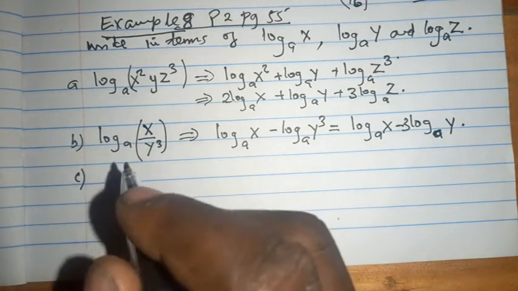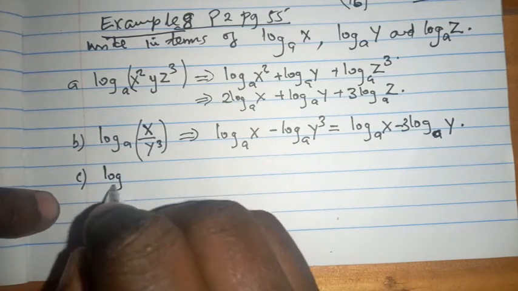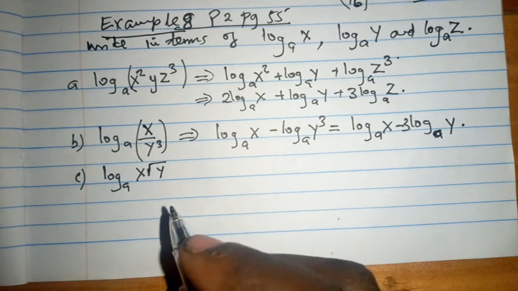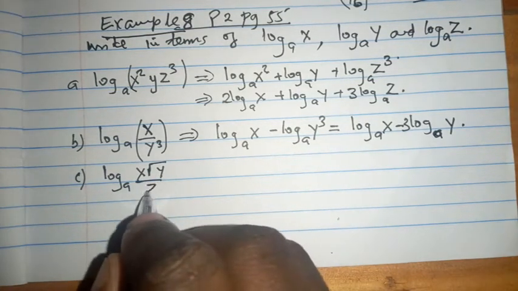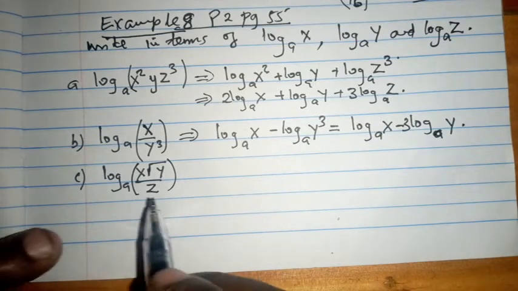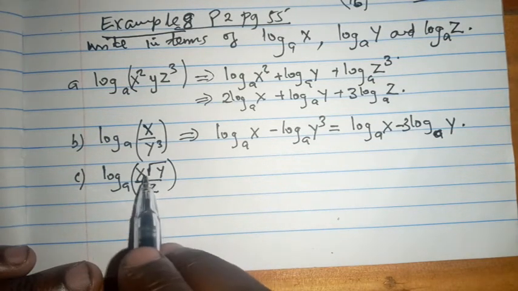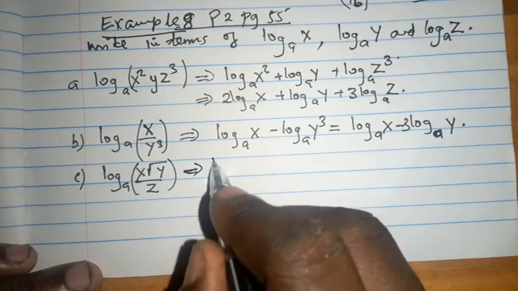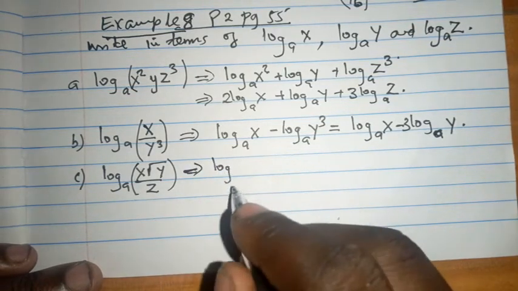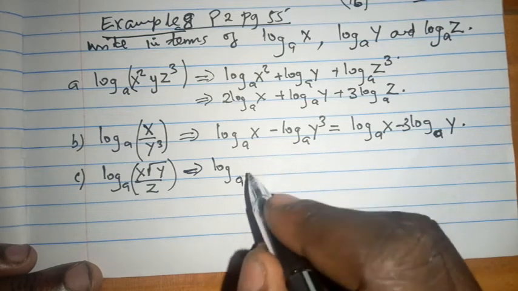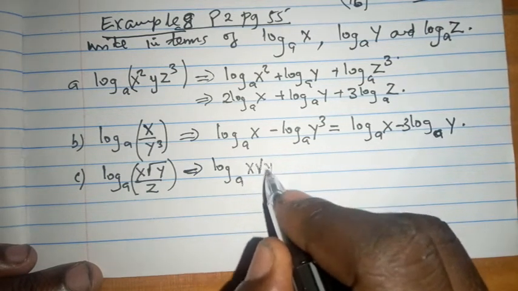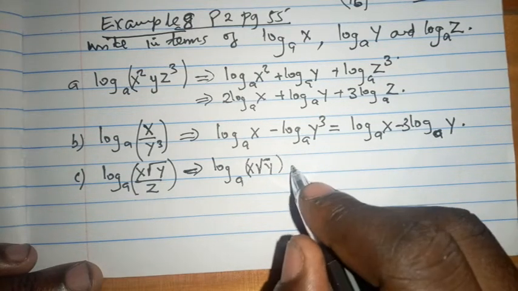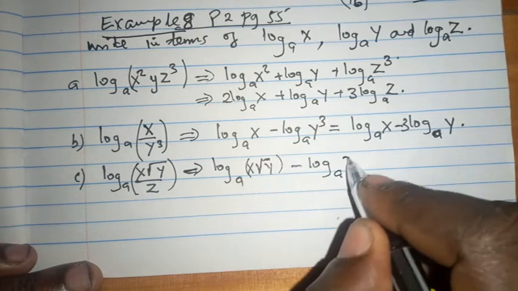Part c, we're talking about log to base a of x root y, everything over z. There is a numerator and there's a denominator, and the numerator is already in product form. So in an attempt to separate this, you're going to have log to base a of x root y. We first of all separate the numerator and the denominator, minus log to base a of z.